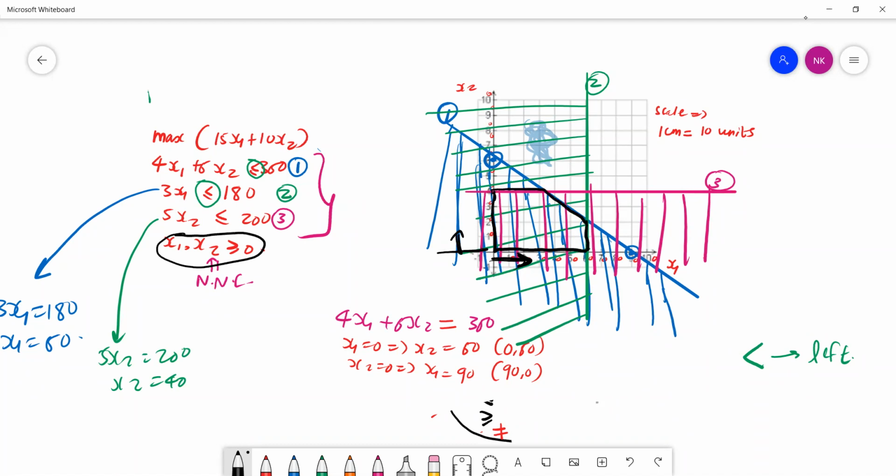Point me out if I am going wrong in this drawing. This is the region that will satisfy all these constraints.